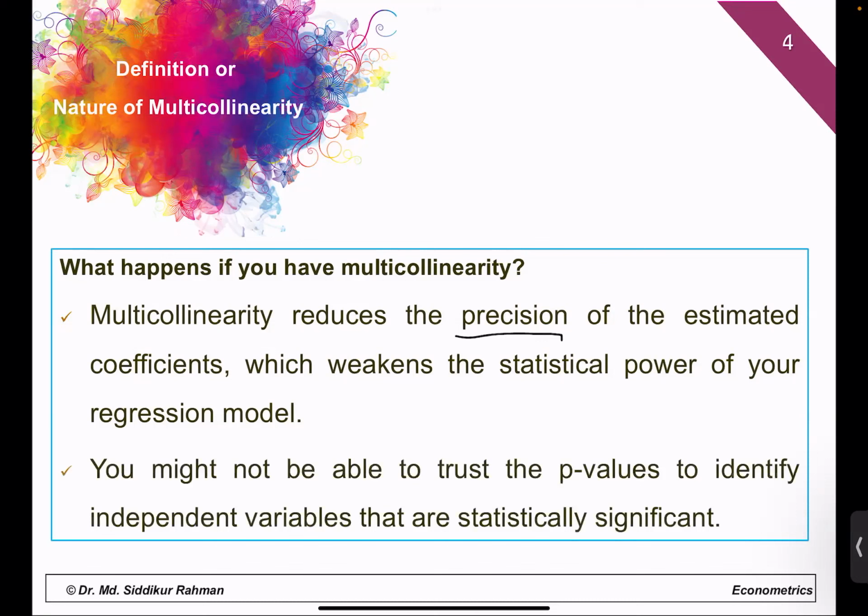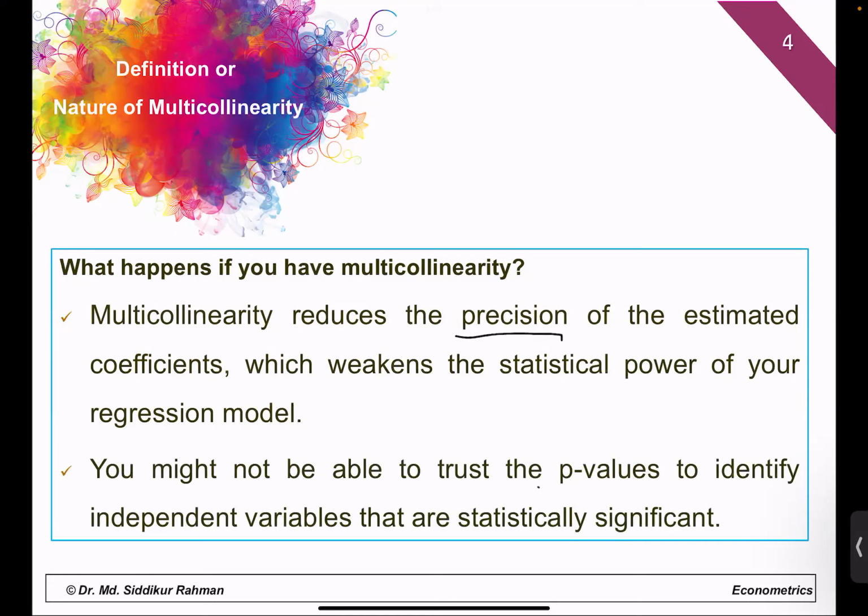Also, you might not be able to trust the p-values, right? To identify independent variables that are statistically significant. Maybe in the regression model you can find significant p-values. That means you can find significant variables, but literally those significant variables are not really significant.